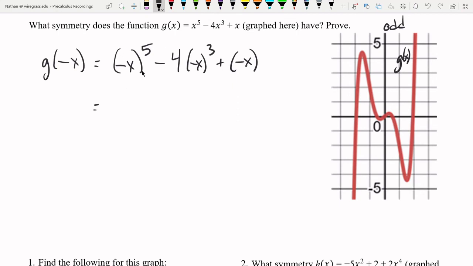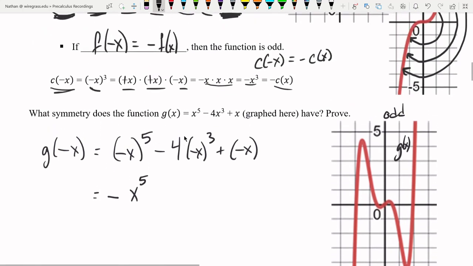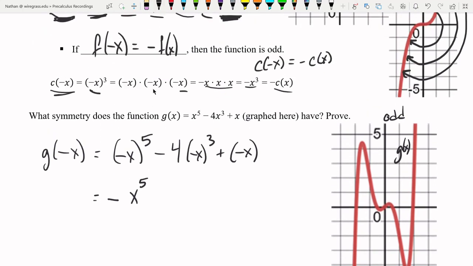Negative x to the 5th power is negative x times negative x times negative x times negative x times negative x. Pairs of negatives cancel, and we have 2 pairs. However, there's 1 remaining, so that means we're going to have negative of x to the 5th power. Just the same idea that we had for this one here. We have 3 of them, 2 pairs cancel, and we have 1 negative remaining.